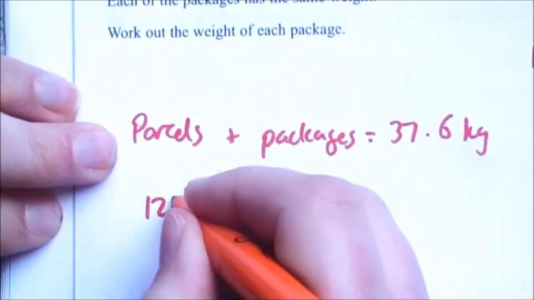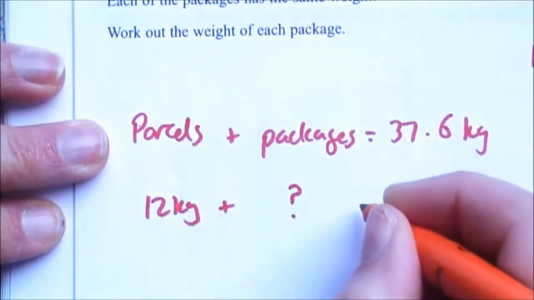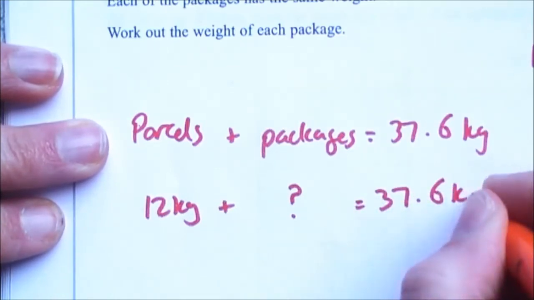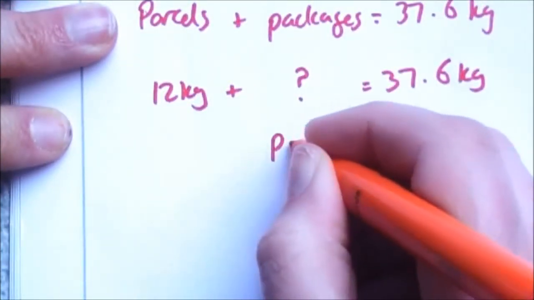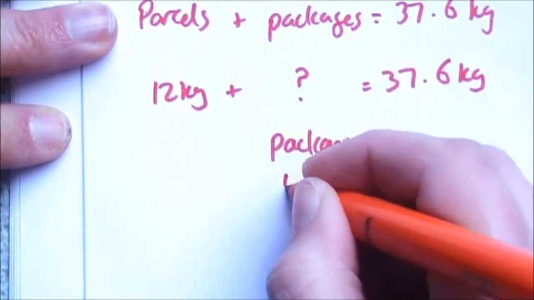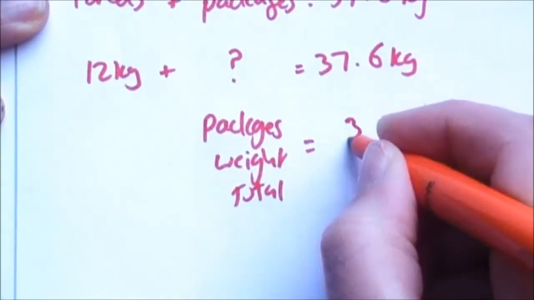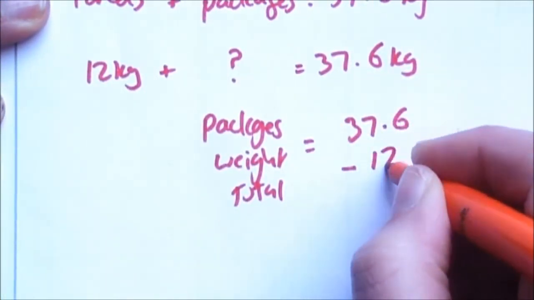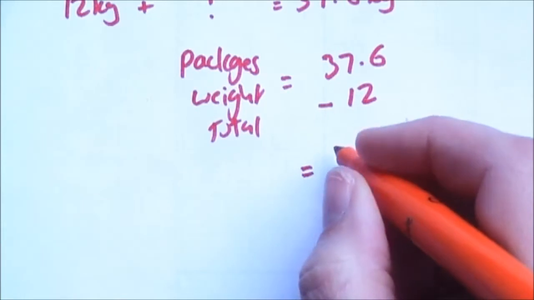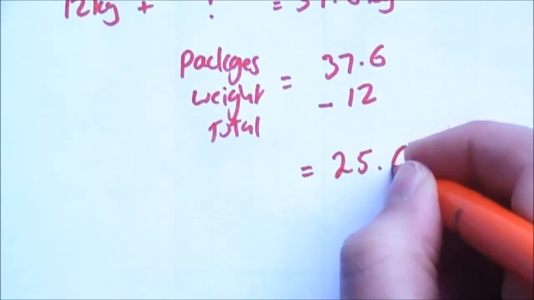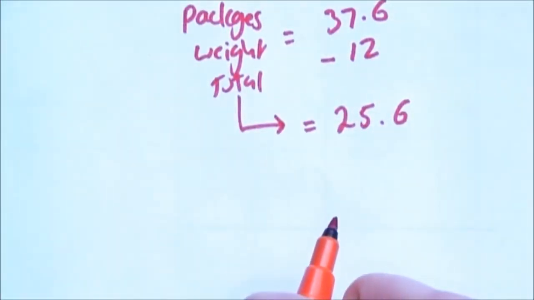So my parcels are 12 kilograms plus the total weight of my packages is going to give me 37.6 kilograms. Now, in order to find the total weight of my packages, my packages weight in total is going to be 37.6, take away that 12 kilograms which belongs to the parcels. So 37.6 take away 12 is going to leave me with 25.6. So that is the total weight of my packages.